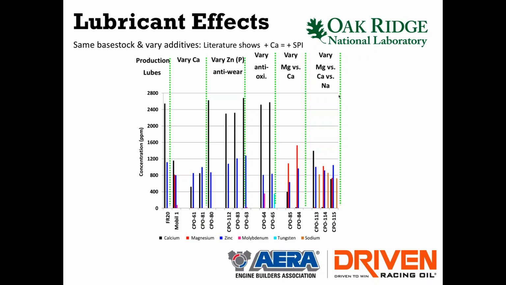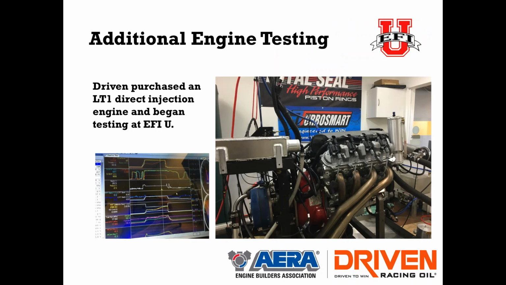So anyway, this is what we set out to do: test these things to find out what effect the different chemistry was having on low-speed pre-ignition. Along the way, we decided that Oak Ridge is doing their work in their engine, running it in a controlled environment where the engine's not allowed to do what it wants to do.